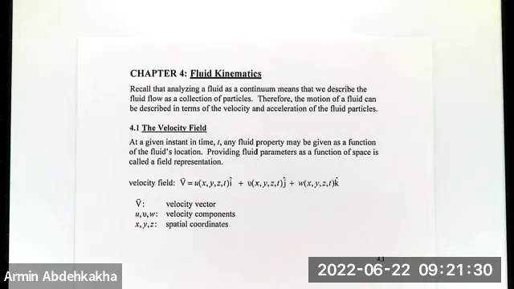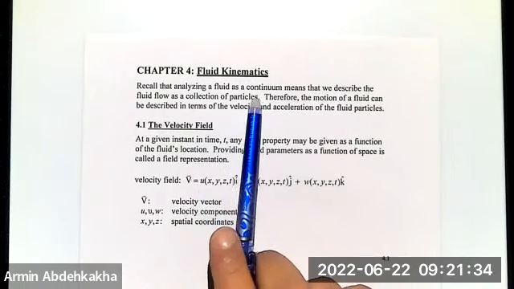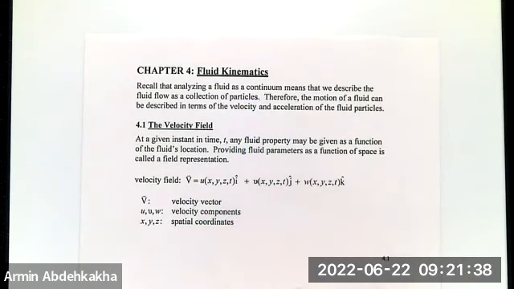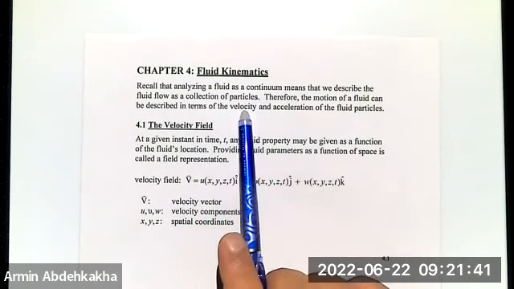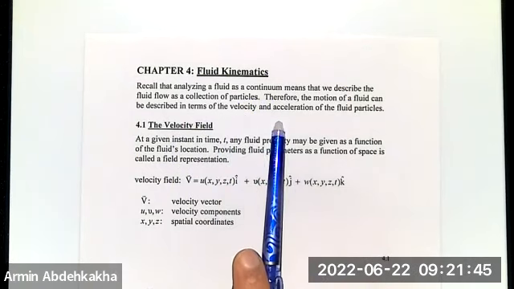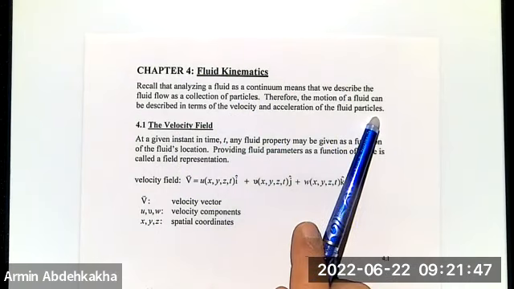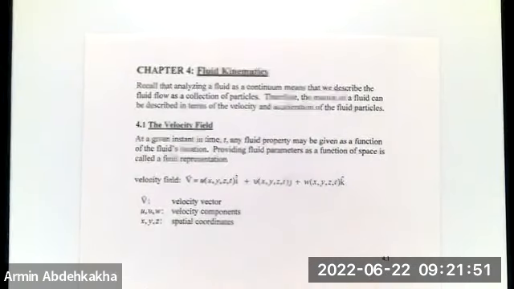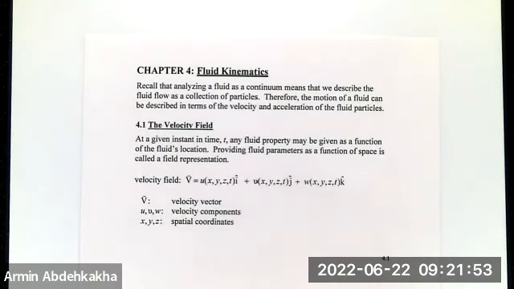Okay, so at the start, we have to know that fluid is a continuum, which we already described, and is a collection of particles. The motion of a fluid can be described in terms of the velocity and acceleration of the particle. So everything is based on the particle, okay? But again, there is a difference between the particle's velocity and acceleration and the fluid's acceleration.